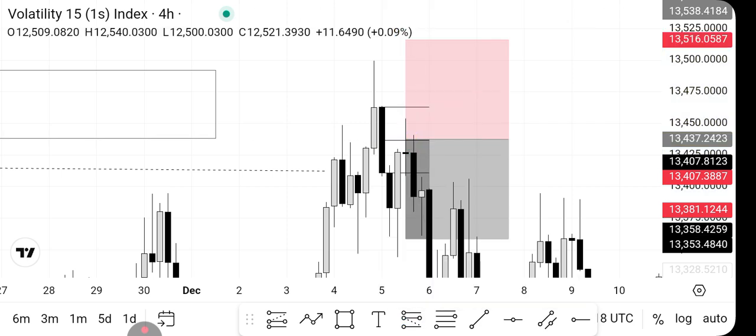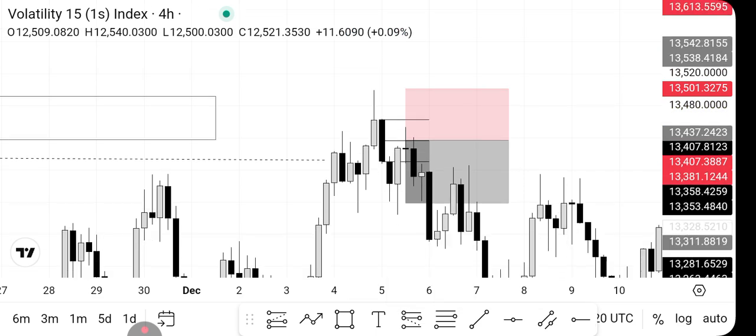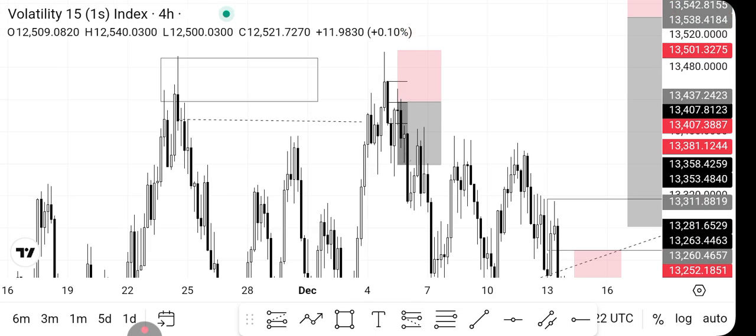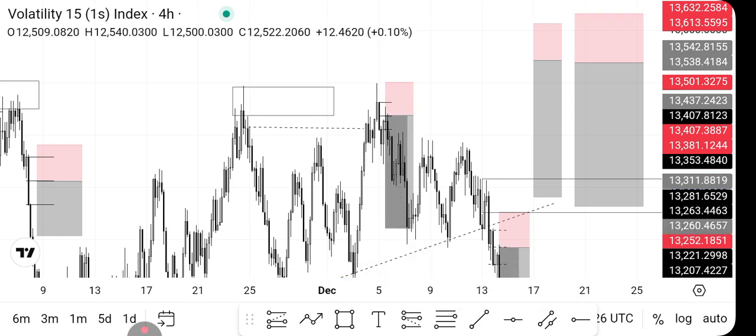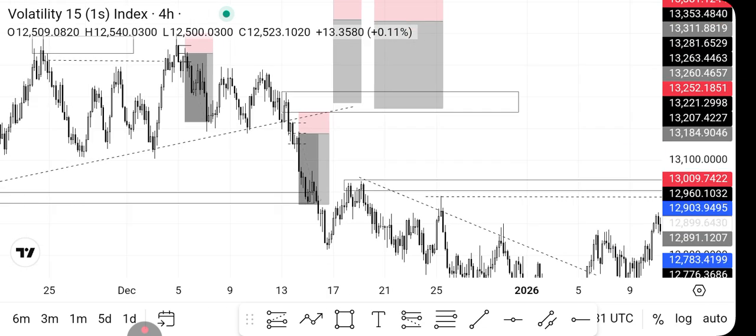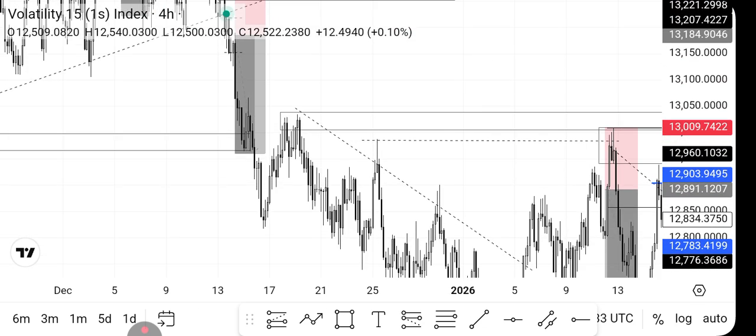Your SL above the wick of this here, and then you target the low or 3R, and then you're out. Easy peasy. Which other one again?